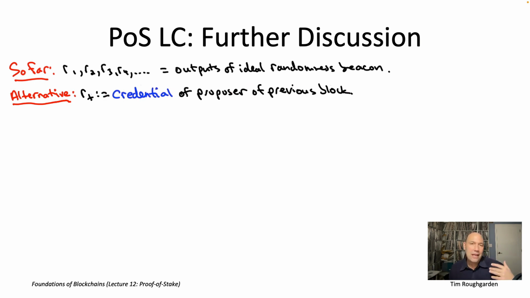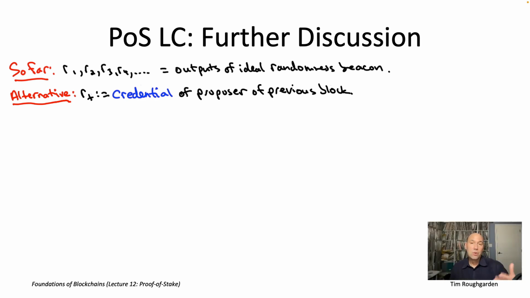For concreteness and for continuity with the rest of lecture number 12, let's just assume we do it in the exact same way, using the credential of the most recent block proposer. The credential, as usual, is the private computation that each owner of a public key does to check whether or not it's a leader of a round. So it evaluates a verifiable random function using the appropriate private key on the input, which is the concatenation of the time step where you're doing the computation with the pseudorandom seed for that time step.